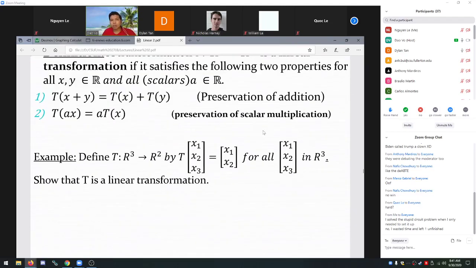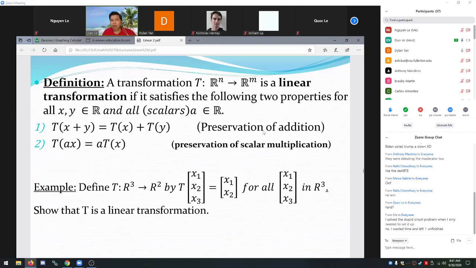Number one, suppose that we have all x and y in R and all scalars in R. T of x plus y must equal T of x plus T of y. In other words, it preserves addition. You can do x plus y first and then apply the transformation, or you can do T of x first plus T of y after.